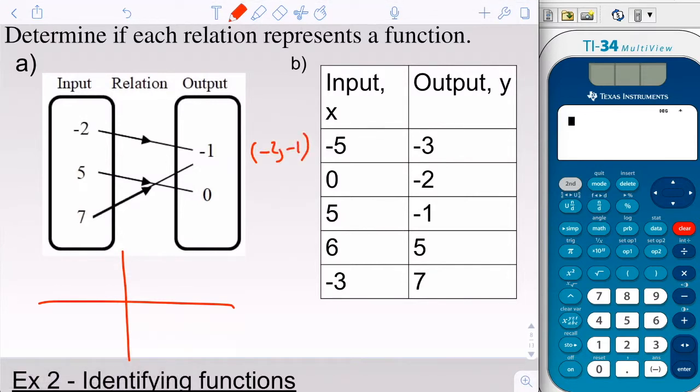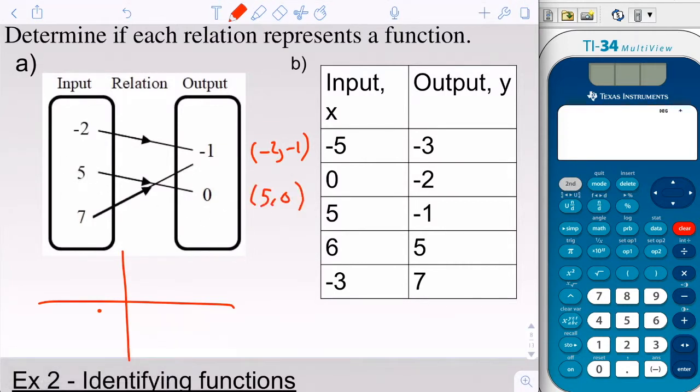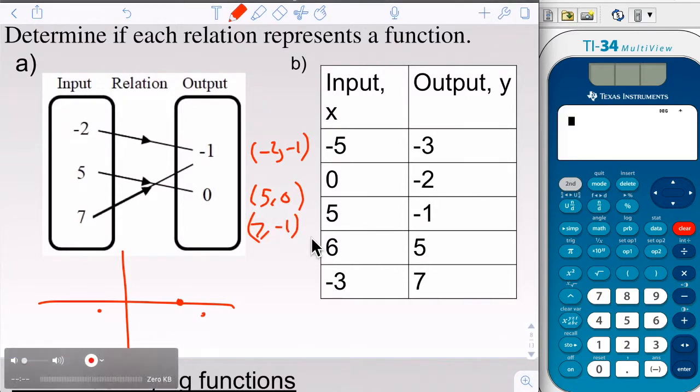Little sketch dot right there. This is showing input of 5, output of 0. That's the point 5, 0. The last one is showing the point 7, -1. Would that pass the vertical line test?